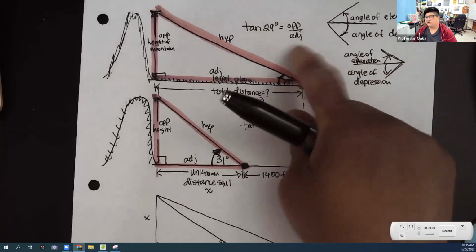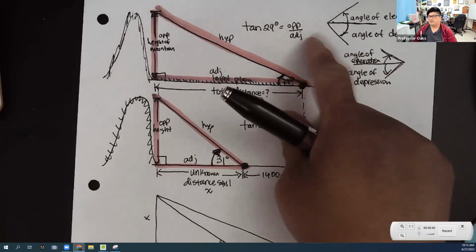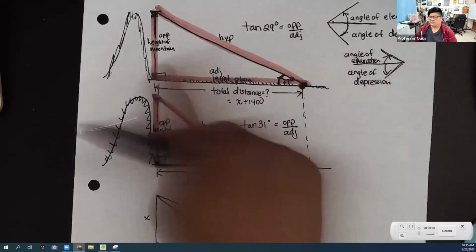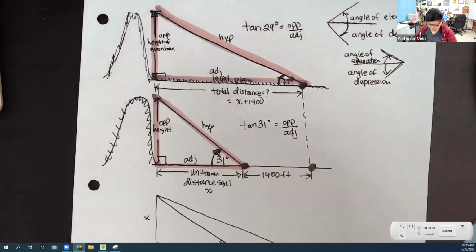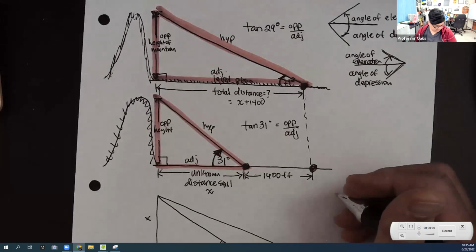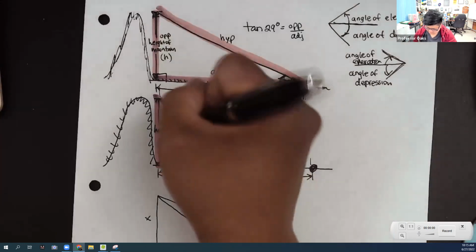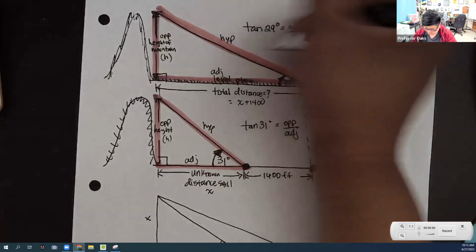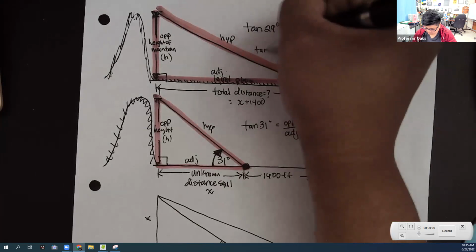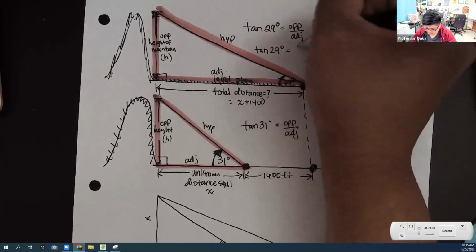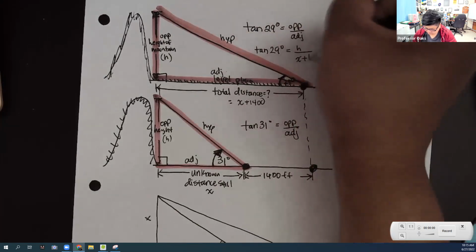But in this triangle, the opposite side is the height of the mountain, which you can call whatever letter you want, maybe H for height. So the tangent of 29 degrees is H over X plus 1400.